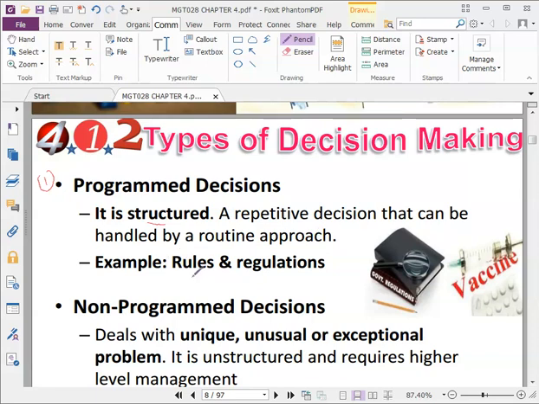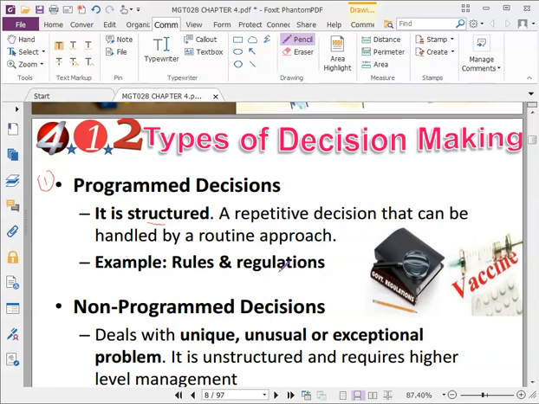Okay, for example is rules and regulations. Every organization in this world, they must have their own rules and regulations. Okay, same goes such as a school. At school, school is also an example of the organization, right? So, what is the rules in the school?